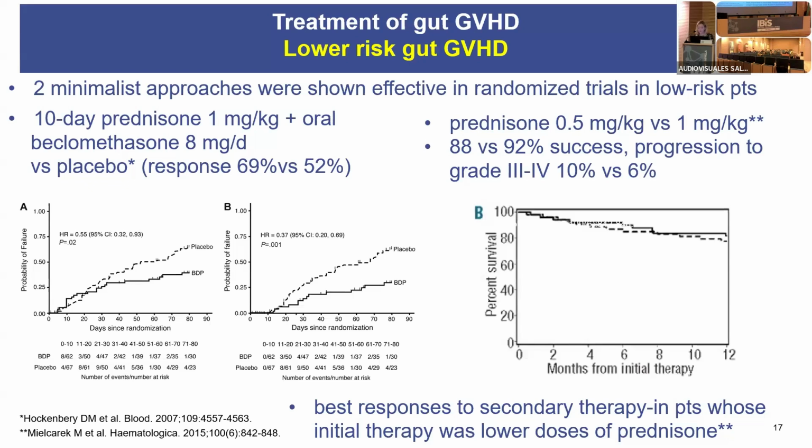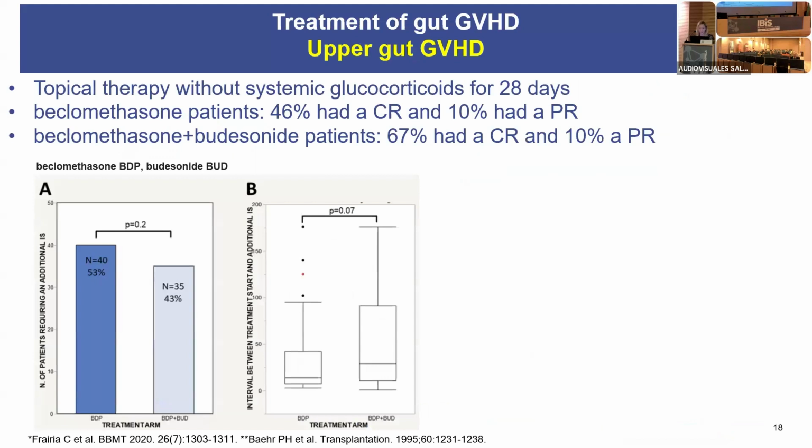So we don't need to be worried if we have to start with lower doses of prednisone. When it comes to upper gut GvHD and treatment, again, topical therapy has been shown to work. So topical therapy only, without systemic corticosteroids.